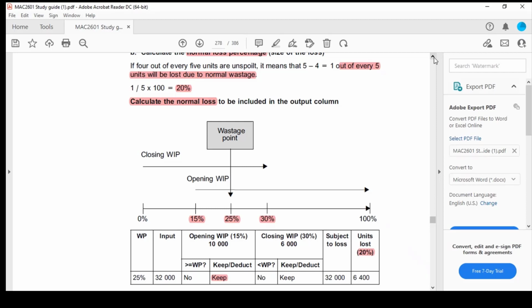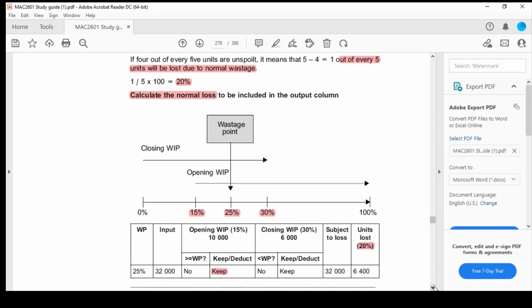If you understand that concept, then you are good to go with this one. And remember, it's not always going to be like this. It's going to be a different scenario, but to your point, you need to be able to do a ratio to determine the percentage of your normal loss.